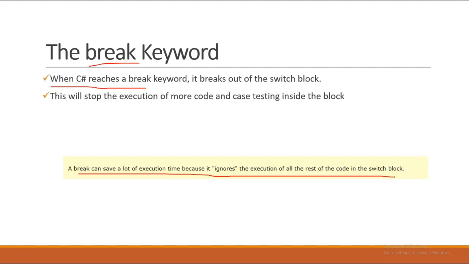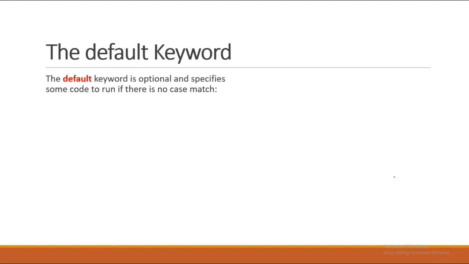We are going to use it in switch blocks and with loops, of course. And the default keyword, when we use it with switch case, is optional and specifies some code to run if there is no case match.